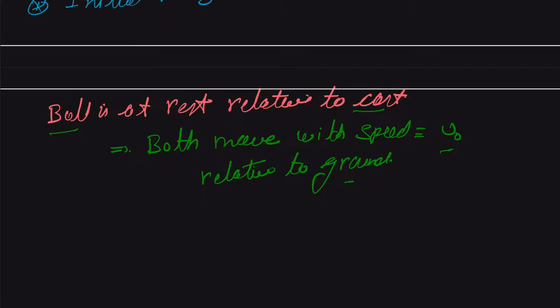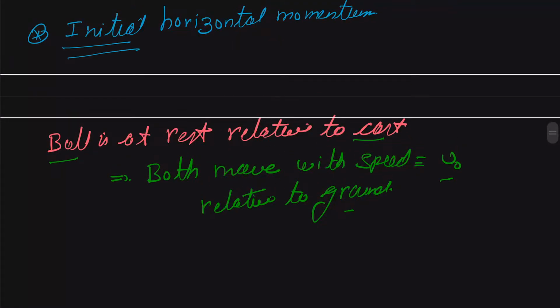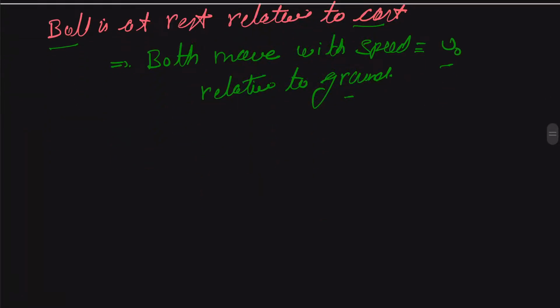And therefore, from here we can find out the ball momentum. Please remember we are discussing only the initial part first. So we have our ball's momentum, and let us call this PB initial, which will be equal to its mass multiplied by velocity v0.